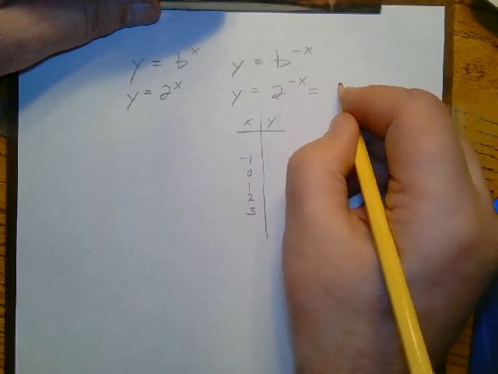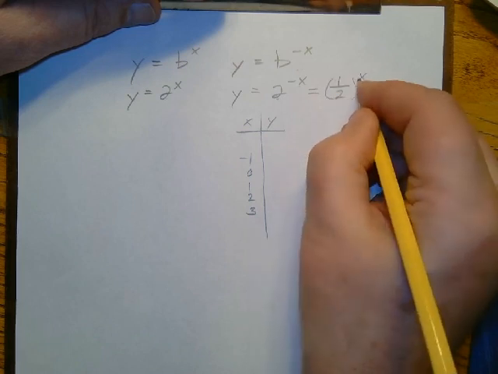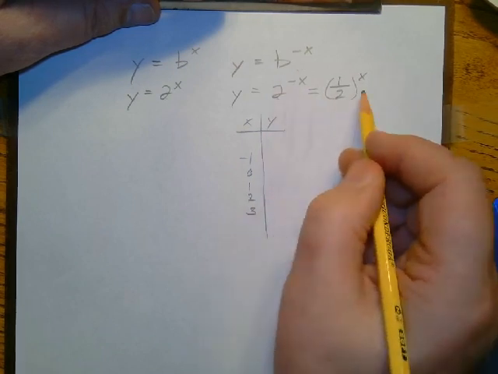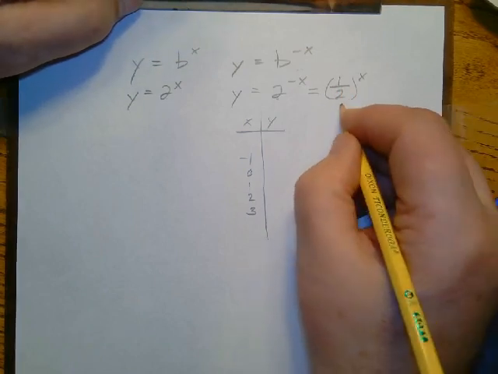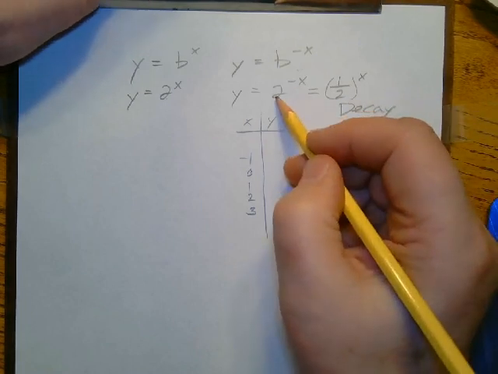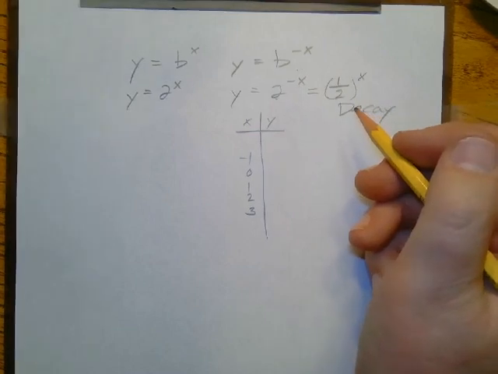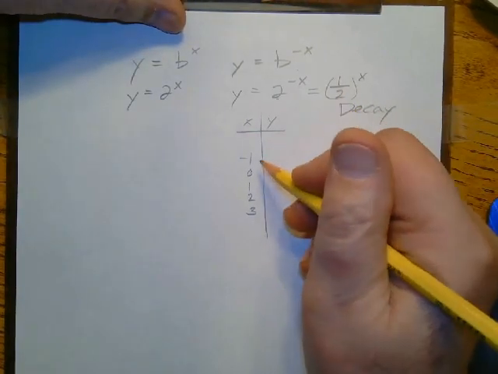Well, let's go ahead and go 1 over 2 to the x power. Oh, that's another way of writing the same thing. Well, now you can see that the base is really a fraction. So this is actually decay, even though initially it looks like it's growth. It's decay.